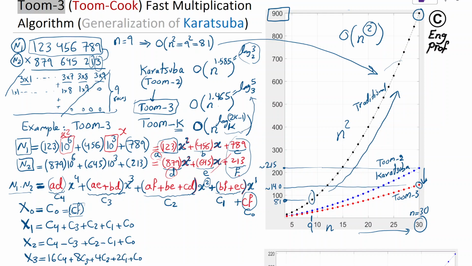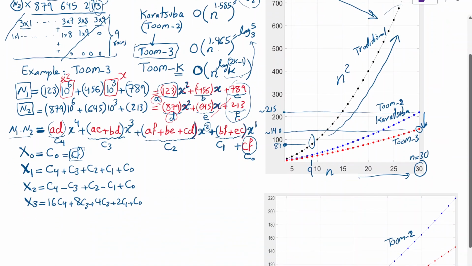And finally, the easy one is the last one, x4, equal to C4. These are the five new variables that I have defined, in which C4 and C0 are straightforward. C4 is just AD, as you can see here, so I'm going to put AD here for x4, and x0 is CF.